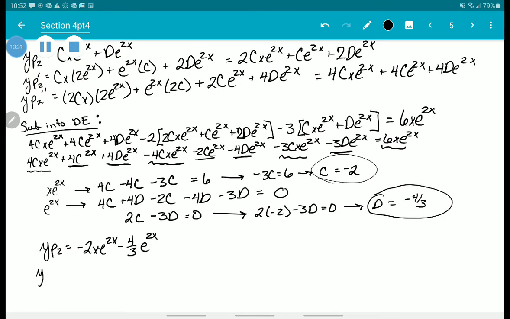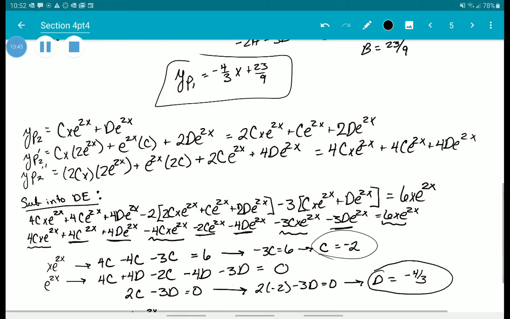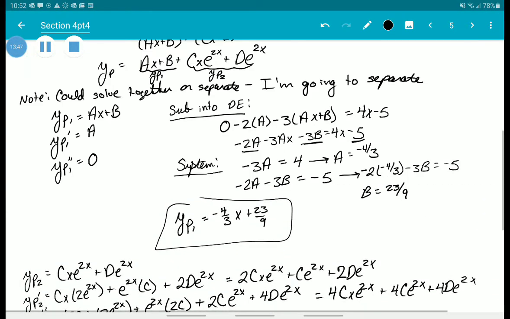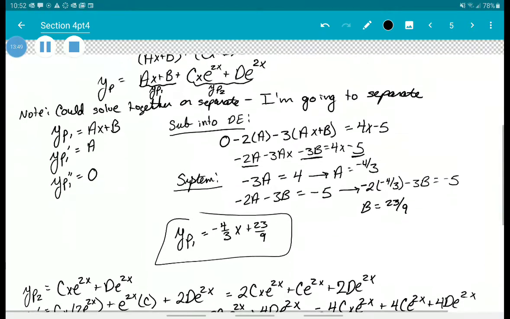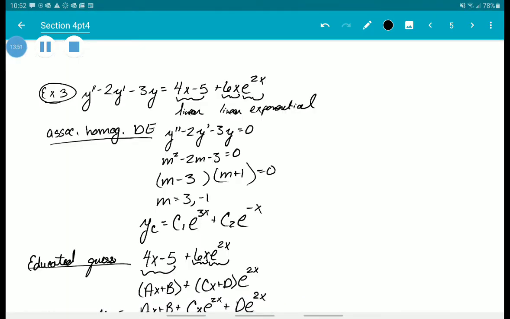So our particular solution, remember we split this up to look at the linear piece and look at the exponential piece separately. We could have done it together in one massive equation by making substitutions.